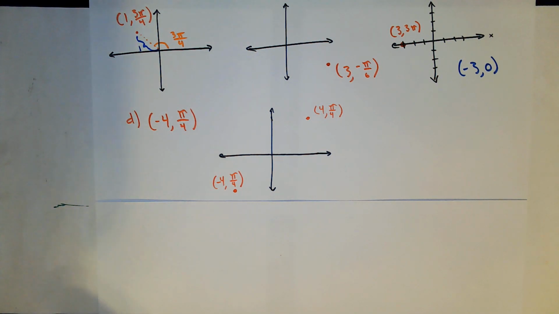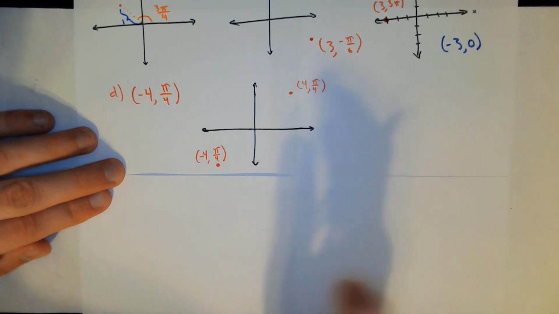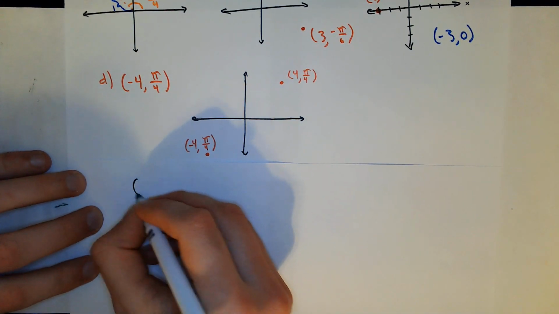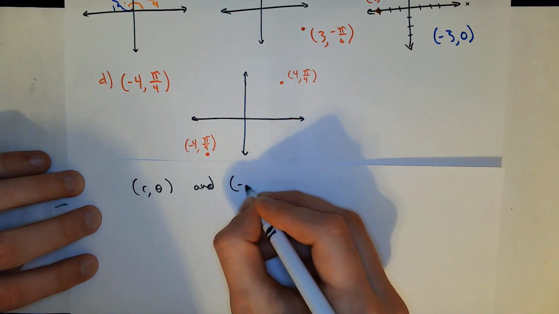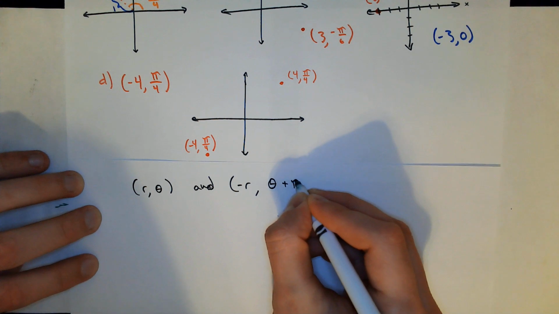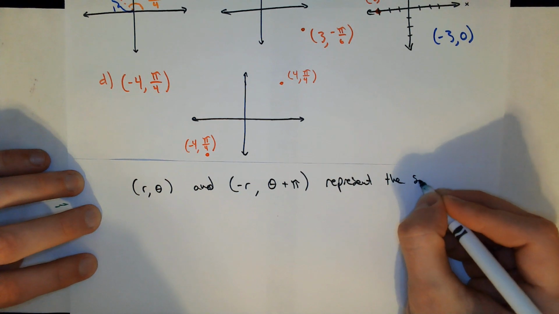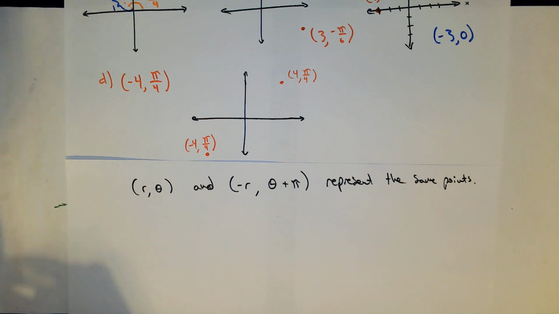Another way to deal with this negative issue on r, which is actually what I just did except in words, would be to say this: r comma theta and negative r comma theta plus pi represent the same points. Do you see what I mean there?